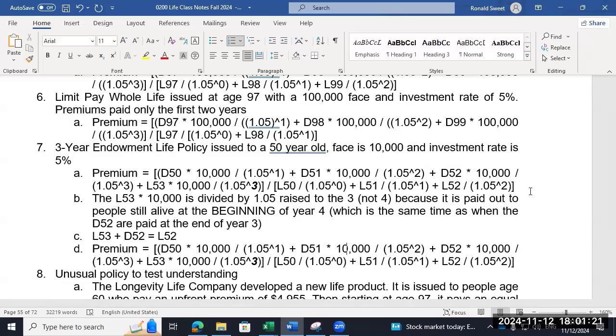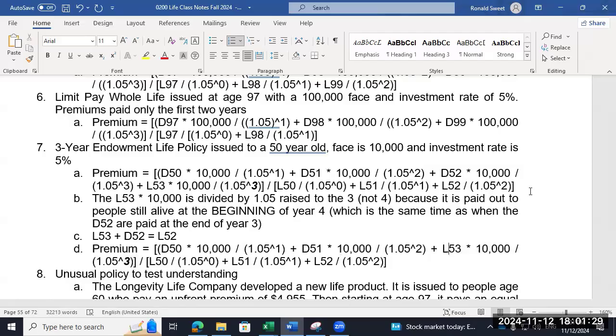And instead of doing D52, you could just do this whole last thing. Could just be L52. So adding the D53 and the L52, you can do them separately, or you can just add them together and use L52.